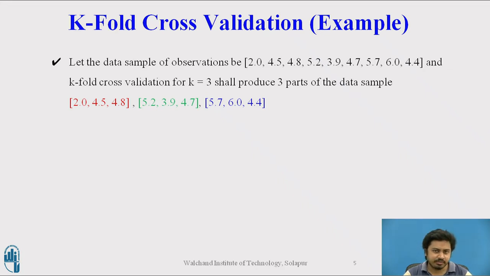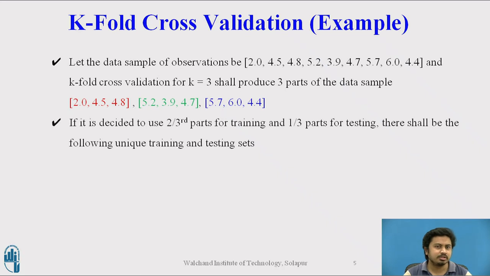After splitting, based on the algorithm which we saw just a few seconds back, as part of the next subsequent steps we decide what should be the train percentage and test percentage. So if we make an assumption that 2/3 parts of this sample will be used for training and 1/3 for testing, then we will be using 2 parts out of the above 3 for training, and 1 part for testing.